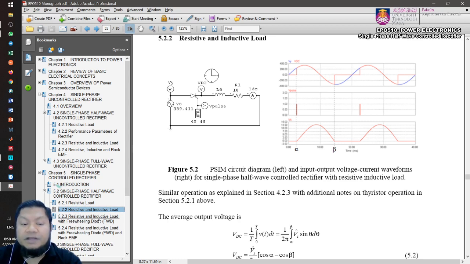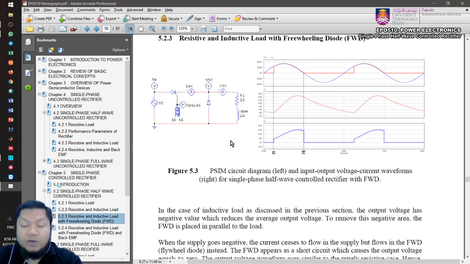So that's why we introduce this freewheeling diode, whereby you're going to put it in parallel with your R plus L load. Right, so let's look at what happens during the circuit operation of this half wave rectifier with freewheeling diode.